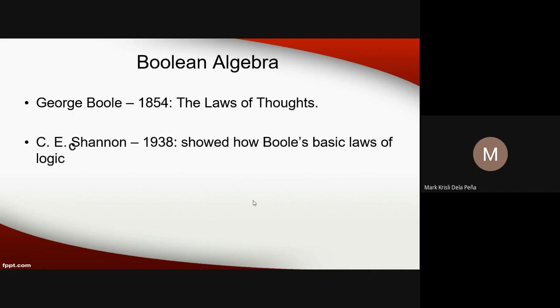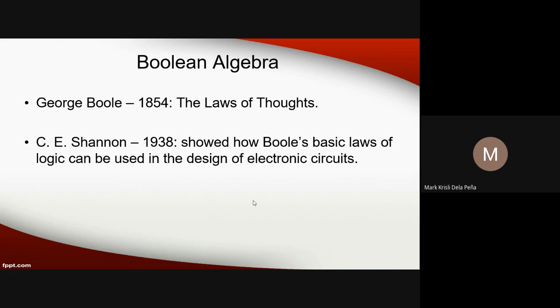After that, other mathematicians showed or improved or used the idea of George Boole in their next papers and undertakings.